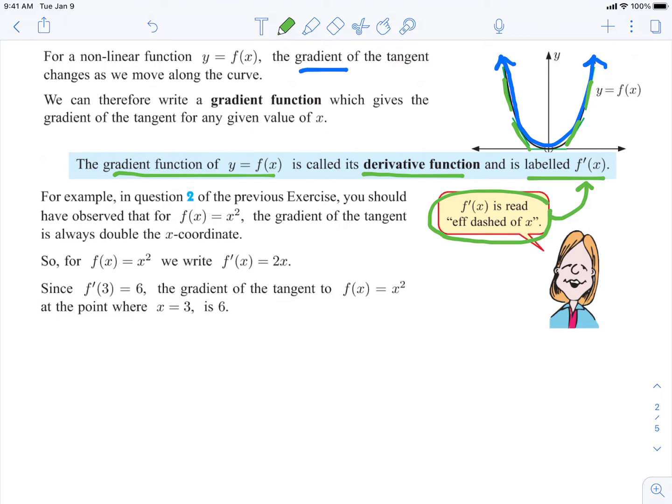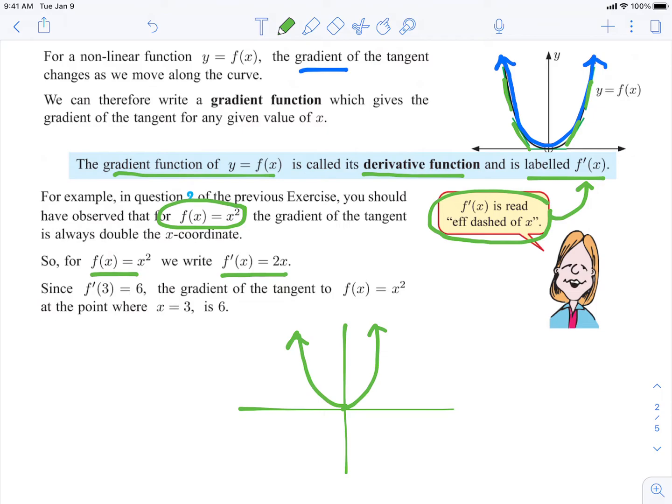So for example, you have a quadratic function, so a parabola. The gradient of the tangent is always double the x-intercept. So if here is our function, then the derivative function would be 2x.